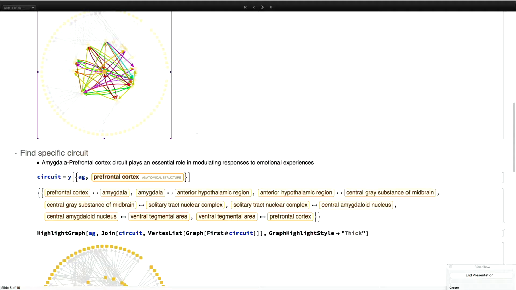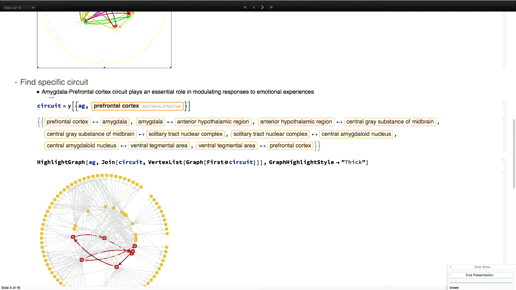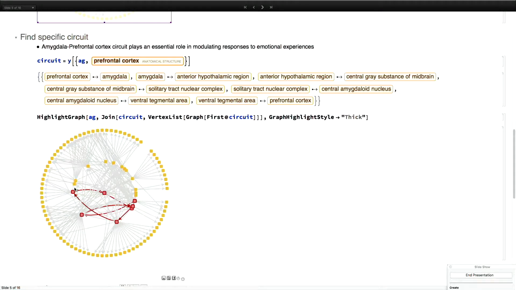Or for the next example, we can find specific circuits that involve particular structures. Here we are finding a circuit that involves the amygdala and prefrontal cortex, and highlighting it in the graph. And as you remember, the prefrontal cortex functions in decision making.